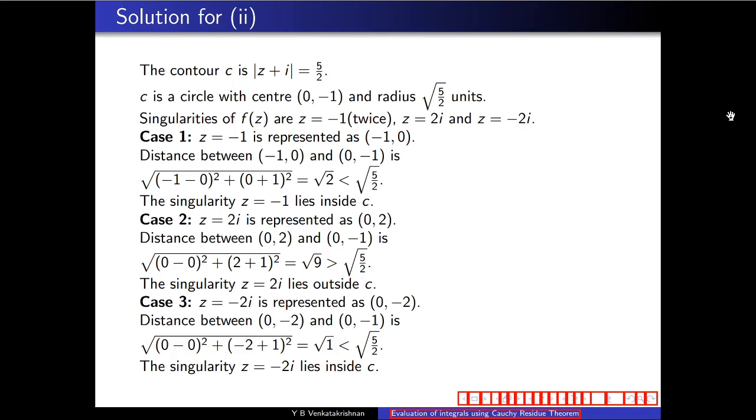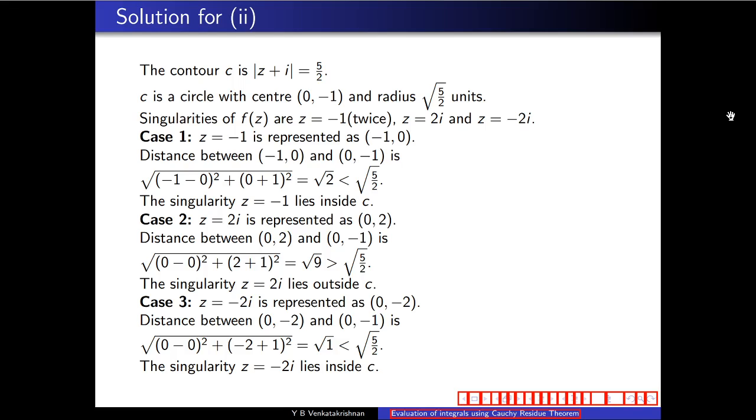And as usual, modulus of z minus a is equal to r will represent a circle with center a comma 0, sorry, with center a comma 0 and radius square root of r. So when I replace z with x plus iy, this will represent a circle with center 0 comma minus 1 and radius square root of 5 by 2.